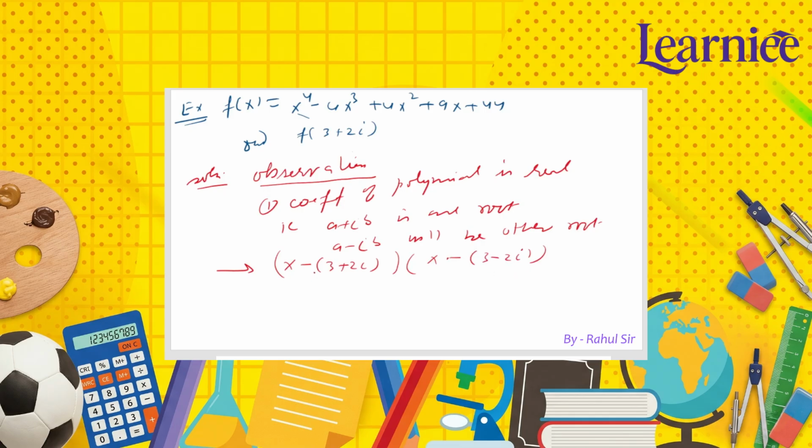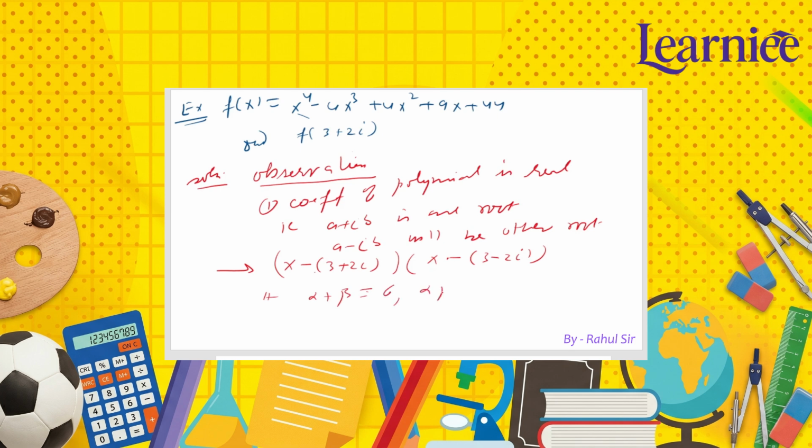So what is the quadratic equation? What is the sum of roots, alpha plus beta? The sum of roots, 3 plus 2i plus 3 minus 2i, is 6.